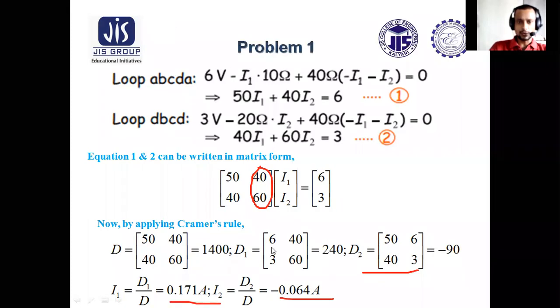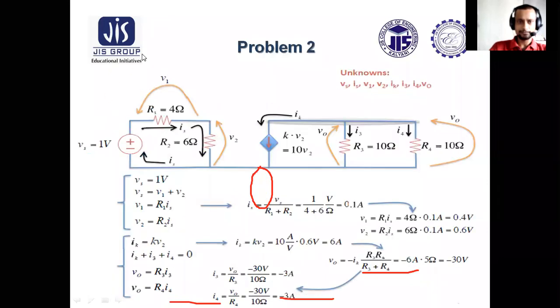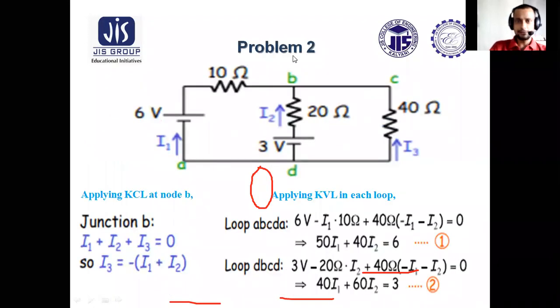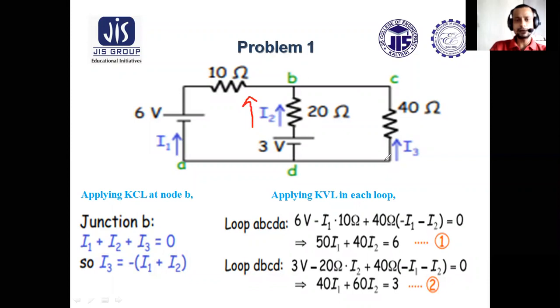Okay. So I2 is negative here, which implies that here we have considered I2 in this direction. But as we have got I2 negative, the actual direction of I2 will be downward.